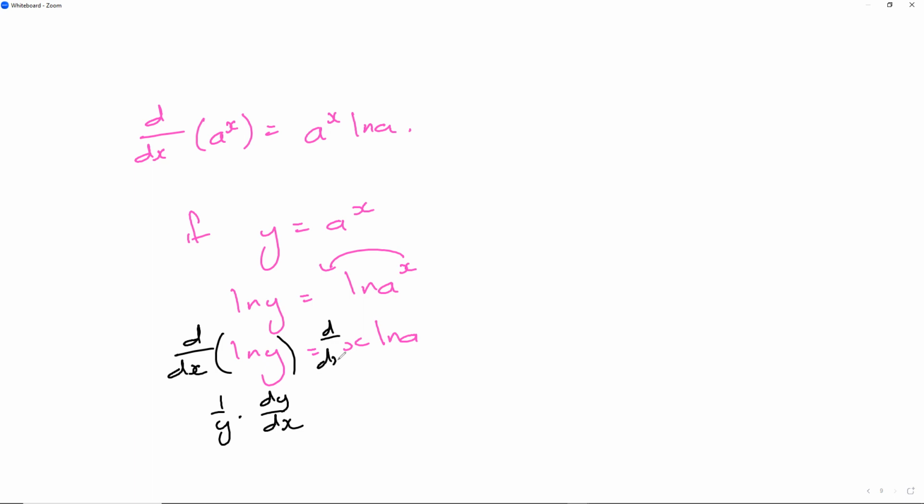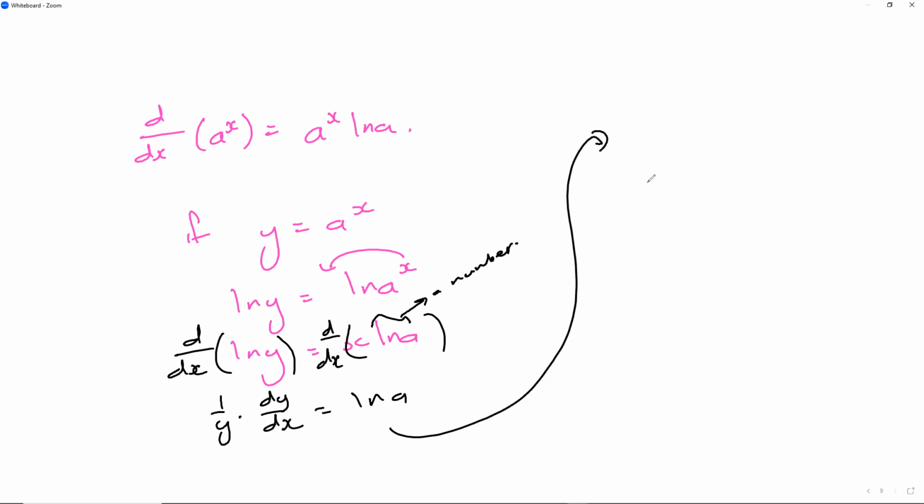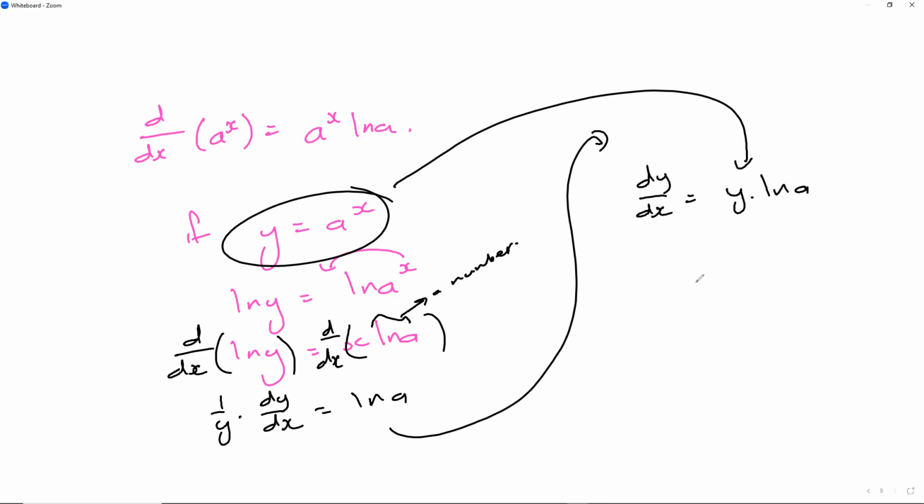So d/dx of this, remember a is a constant. So this whole thing over here is a number. So that will simply just become ln a. And then I rearrange that, dy/dx will end up as y multiplied by ln a. And we originally made it equal to that. So that is going to be a to the power of x times ln a.